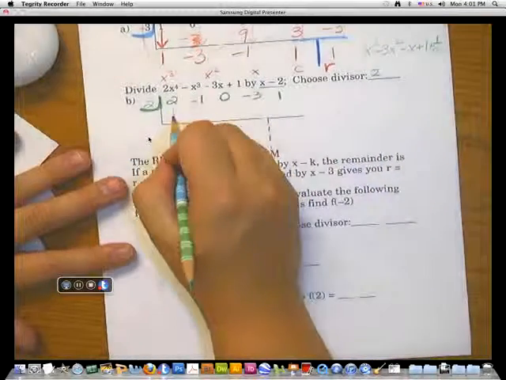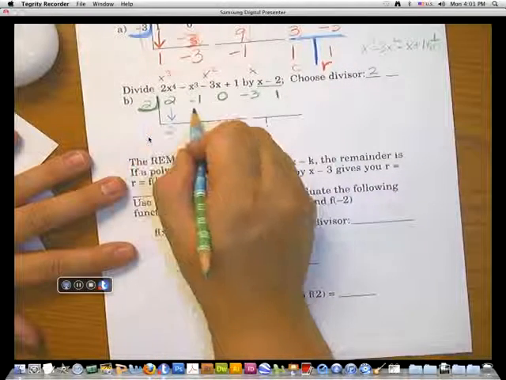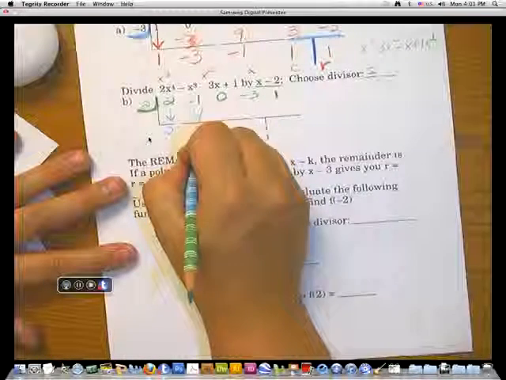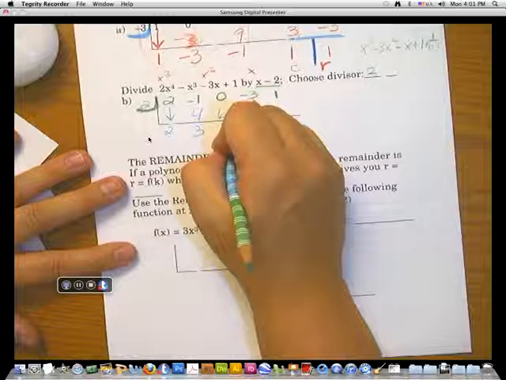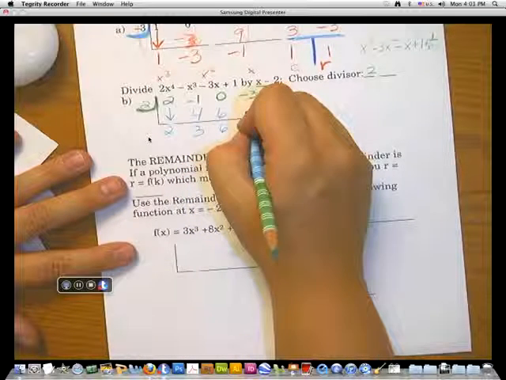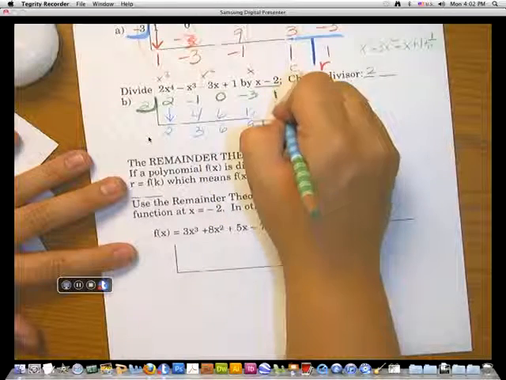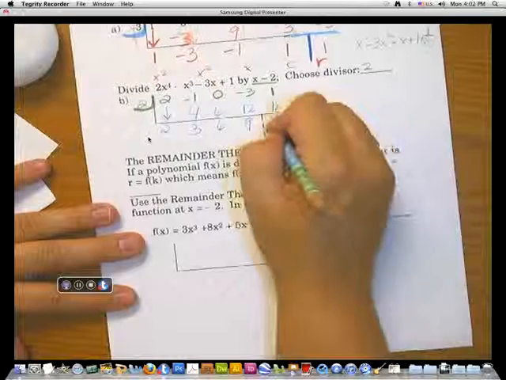Okay, bring it down, multiply around, add down, multiply around, add down, multiply around, add down, multiply around, add down.